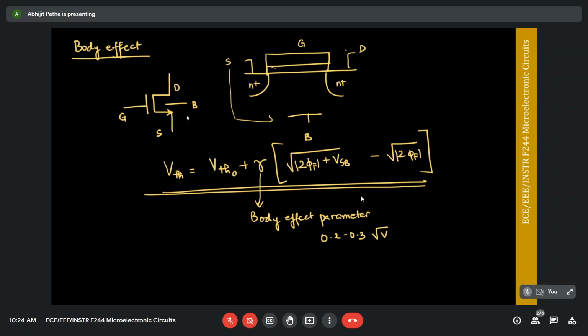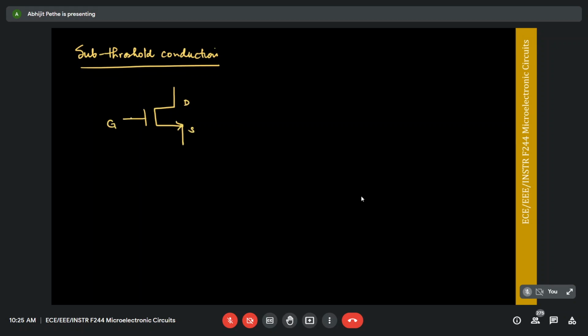Okay. The last thing I want to remind you about is subthreshold conduction. What I mean by that is, when VGS is less than VT, we essentially said that IDS is 0.